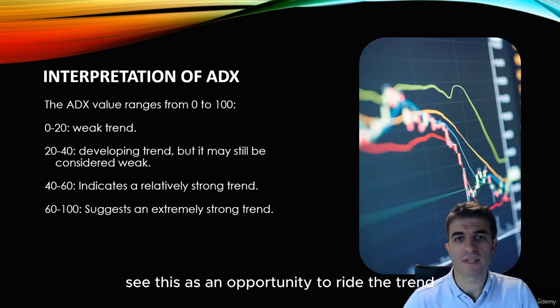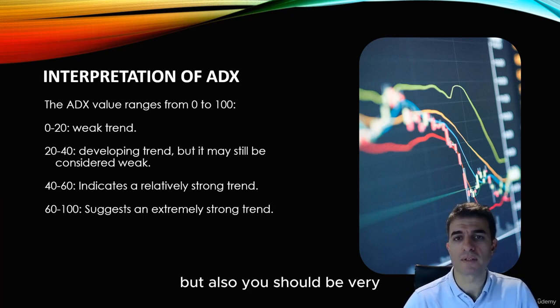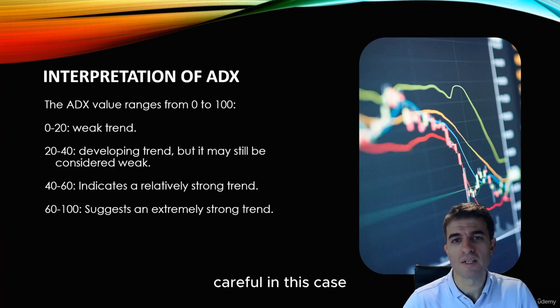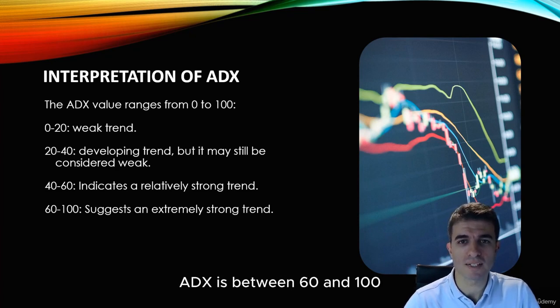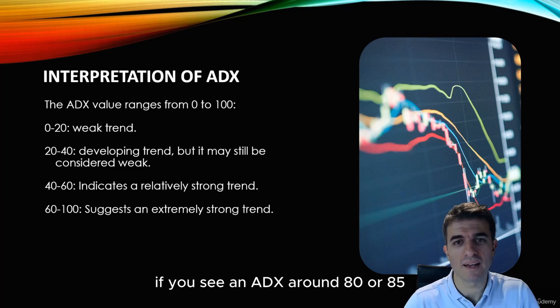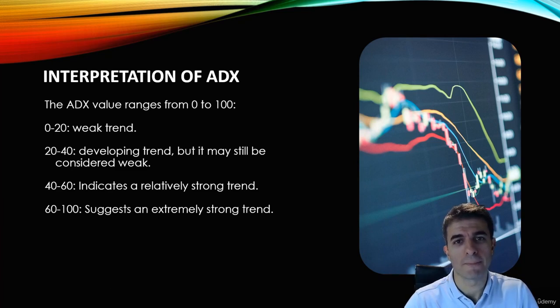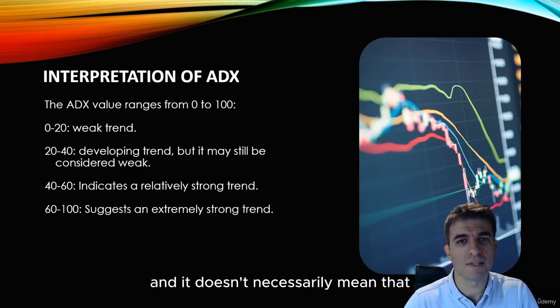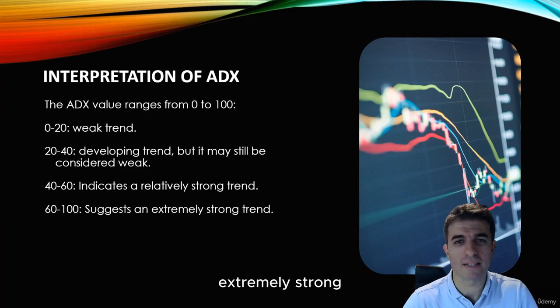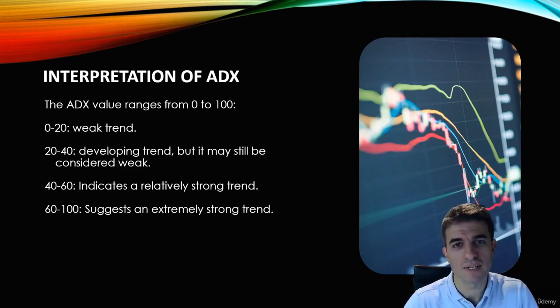You might see this as an opportunity to ride the trend, but you should also be very careful in this case, because usually trends that are very fast like this have an ADX between 60 and 100. So if you see an ADX around 80 or 85, this means you have a high volatility market, and it doesn't necessarily mean that you have a strong or extremely strong trend. Sometimes it can show a lot of noise as well.